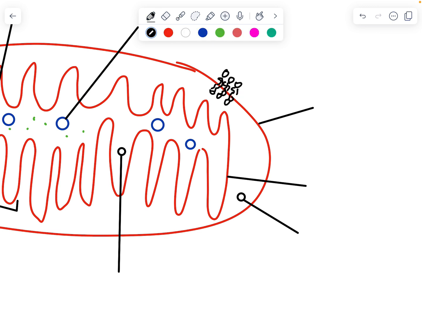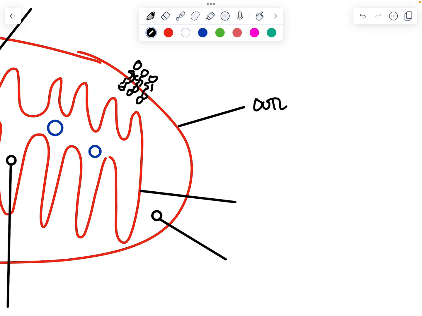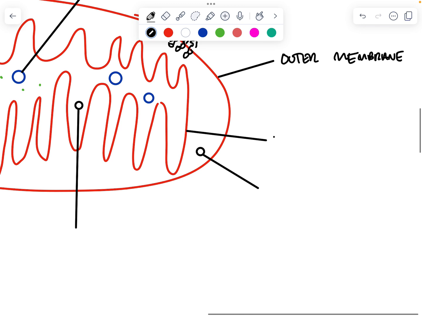So this is a phospholipid bilayer on the outside of the mitochondria, and then this is another phospholipid bilayer on the inside. This is called the outer membrane. And this is called the inner membrane.